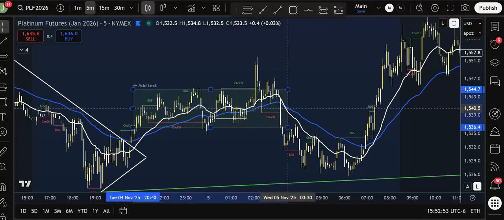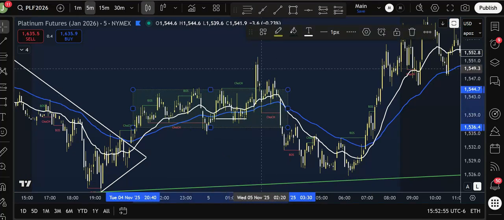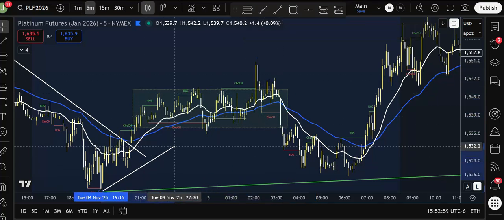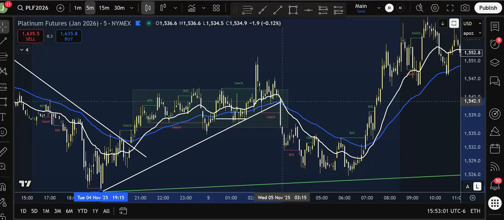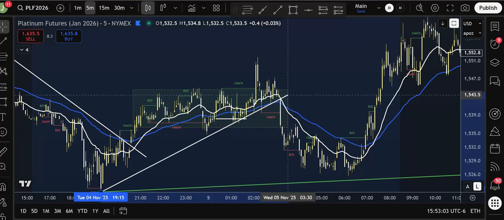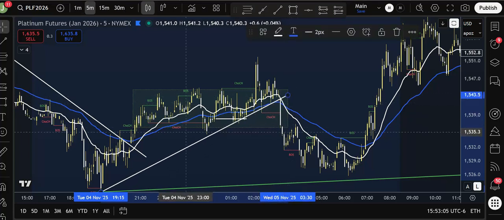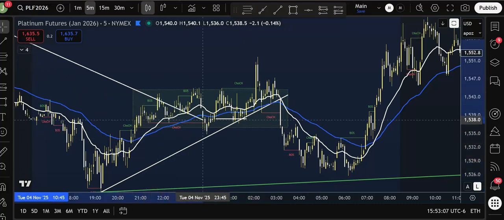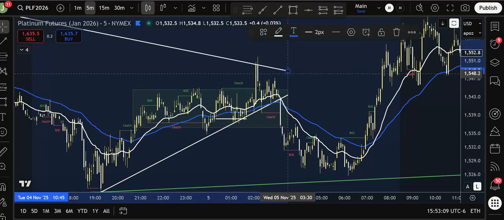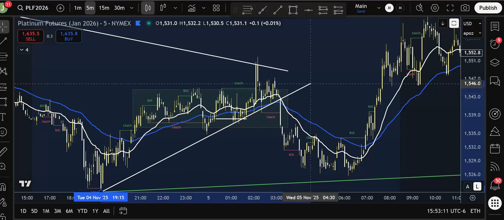You will have breaks, and then it'll come back down and retest. And when that happens, what I suggest is to just extend out the trend lines so that you can wait for new structure.